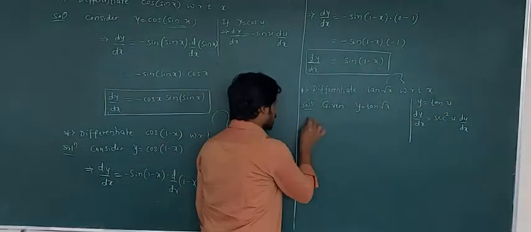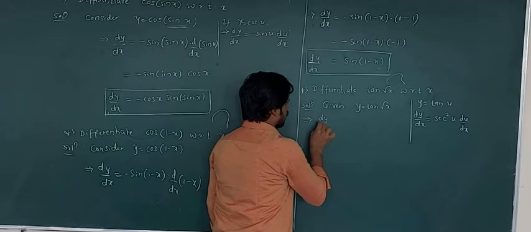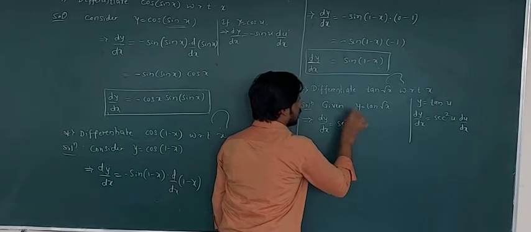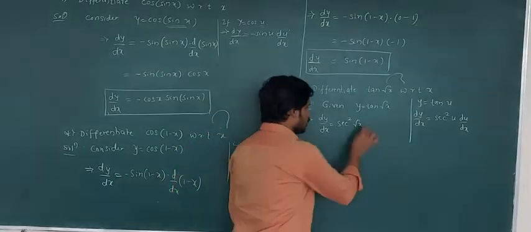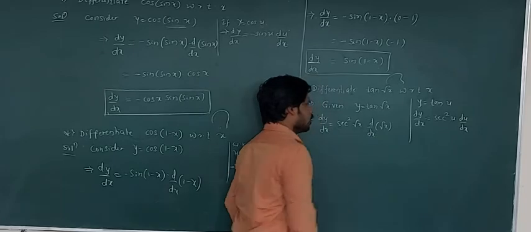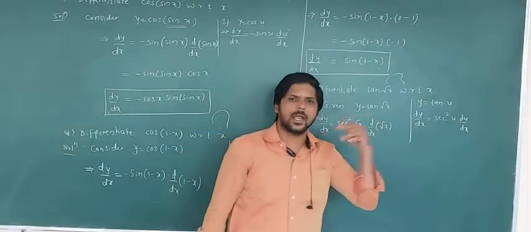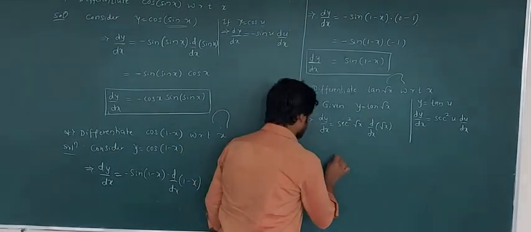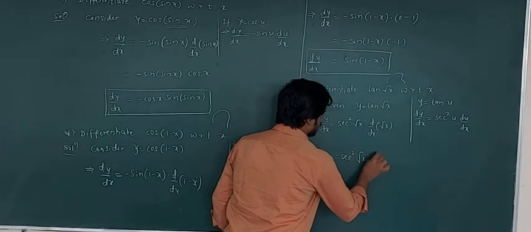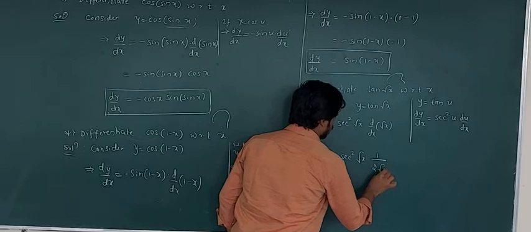So this implies dy by dx is equal to secant square root x into d by dx of root x, and also we know that root x differentiation is 1 by 2 root x. So this implies secant square root x into 1 by 2 root x.